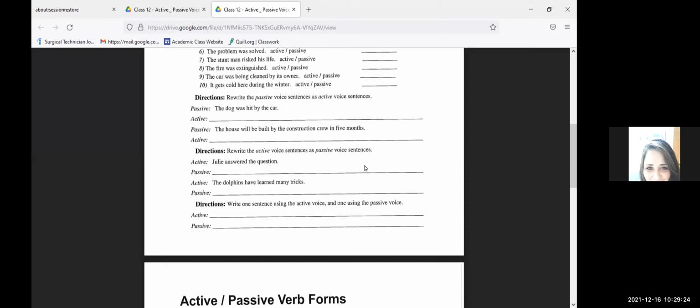It doesn't change in the past. Next, it's my turn, right? Yeah. The house will be built by the construction crew in 5 months.